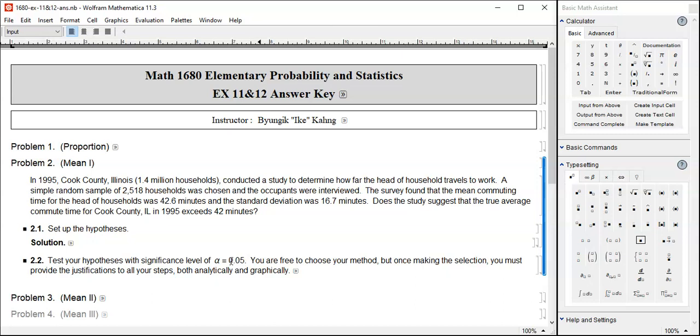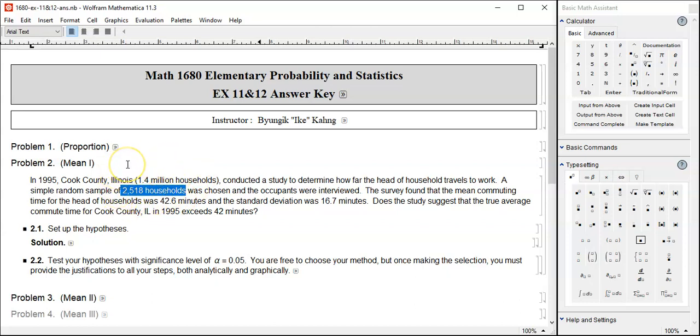Now, which one came from the sample? Which one did not come from the sample? Which one came from the average of the interview for 2,518 households? And which one is just dropped to you by this problem?